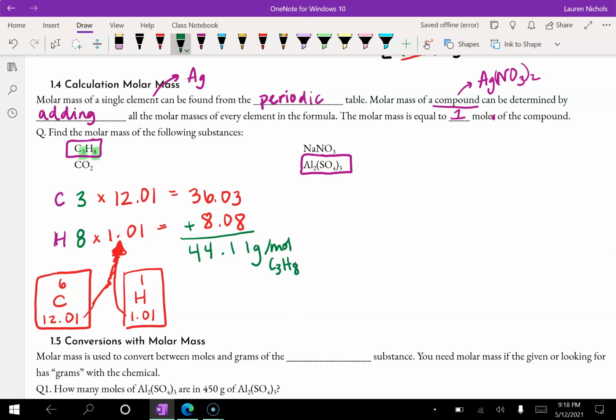Now what that means, because remember, we can use molar mass just like mole ratio in a T-chart for conversions, is what they're telling you is that 44.11 grams of C3H8, like if you weigh that out on a scale, that is 1 mole of your compound. Okay, because remember, the mole is the unit we use to count things.